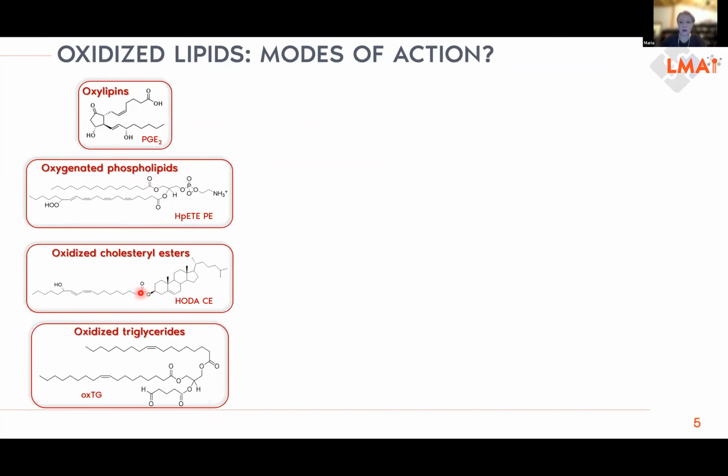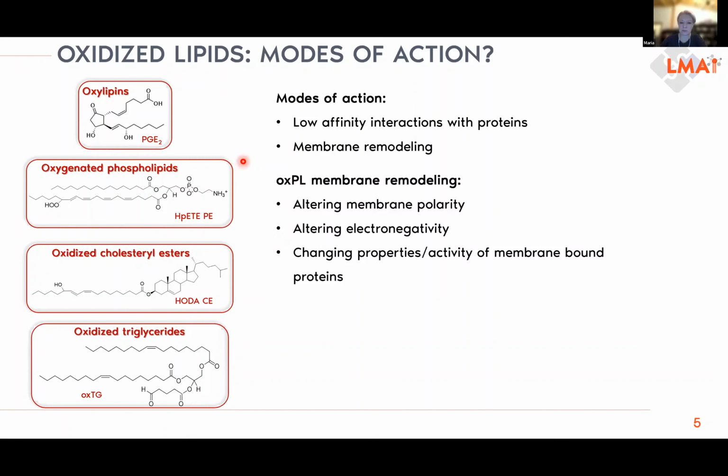And when those lipids are getting modified, they would have different kinds of modes of action in comparison to oxylipins. What they can do in principle is have some low affinity interaction with proteins. And obviously, if we modify lipids in this way within the membranes, we will have certain events leading to membrane remodeling due to the changes of physicochemical properties of those constituents.